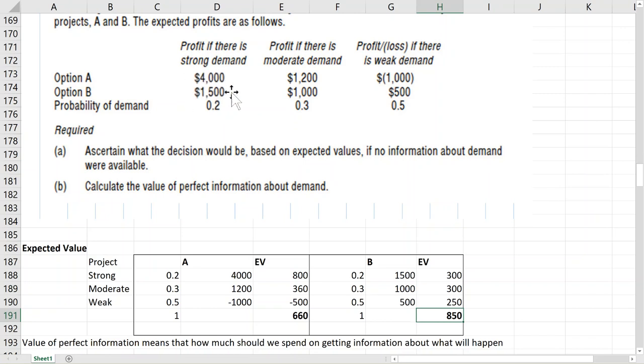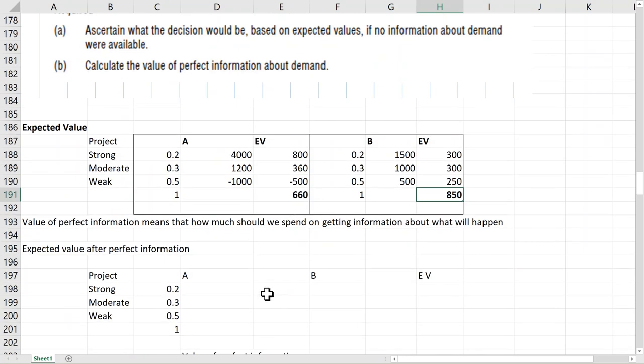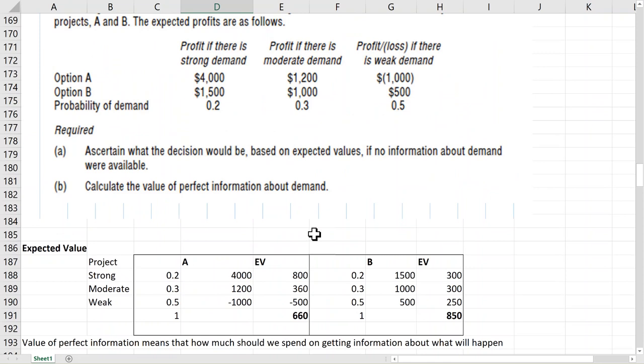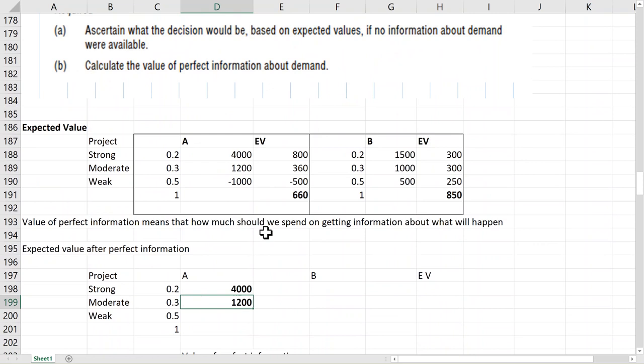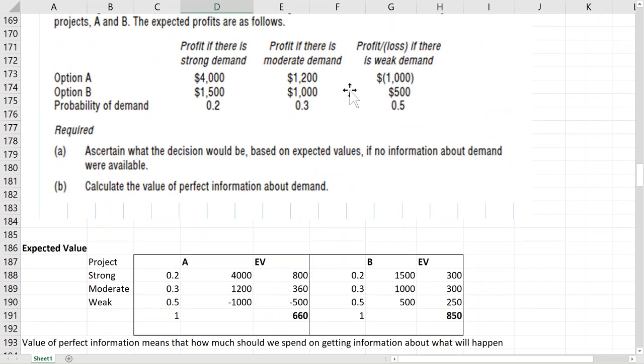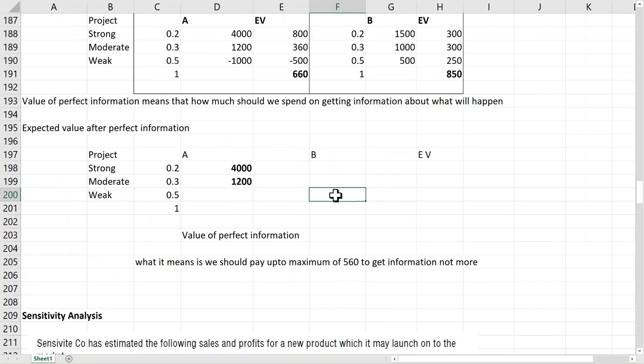We will choose the one that gives us the highest, so we will go with A. If they tell us that the demand is going to be moderate, we will still go with A. If they tell us that the demand is going to be weak, then we will go with B. Taking these and multiplying by the percentage probabilities will give us the expected value.